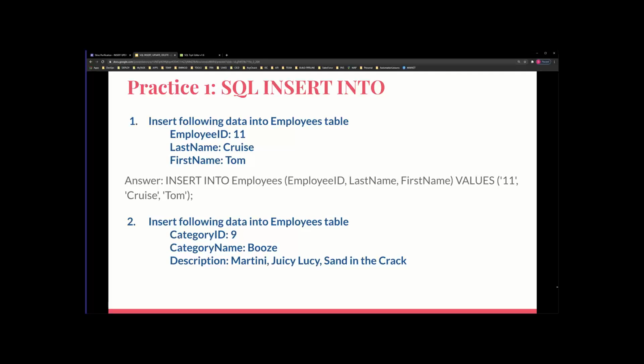Desmond, you're going to go next. They should be from the categories table, right? Correct, not the employees table. I was just about to say that this is supposed to be the categories table. So thank you for pointing that out. Let me see if I can make real-time changes.